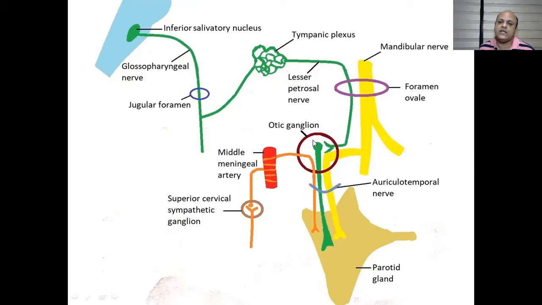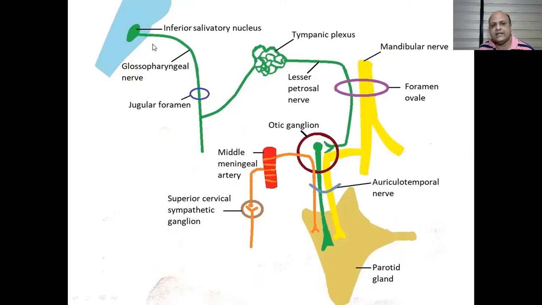So this was about the Otic ganglion, which is lying morphologically in relationship to the mandibular nerve. It lies medial to the main trunk of mandibular nerve, just where the nerve to medial pterygoid is arising. But functionally, it is in relation to the ninth nerve, because it is the ninth nerve which is responsible for secretomotor supply to the parotid gland.